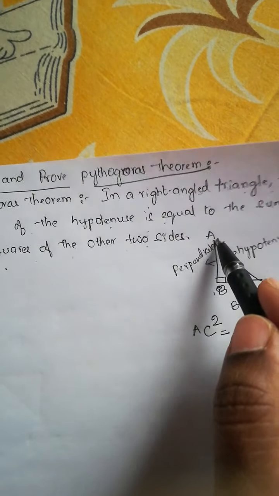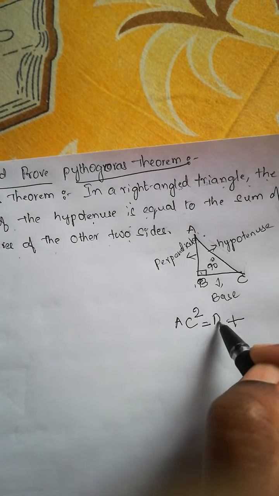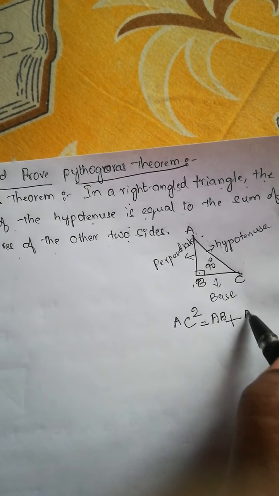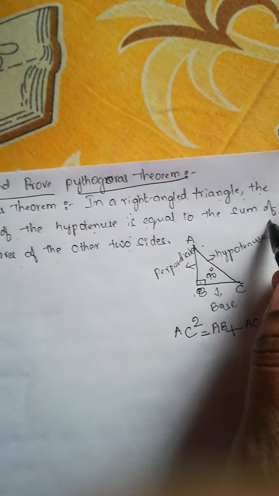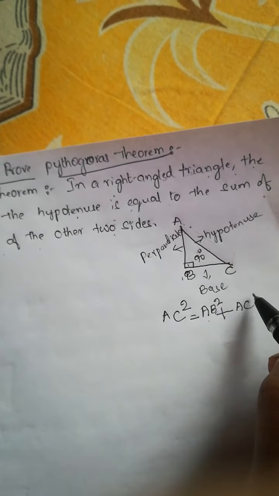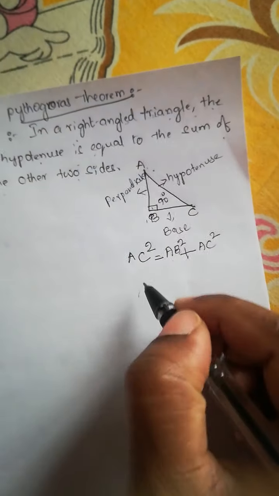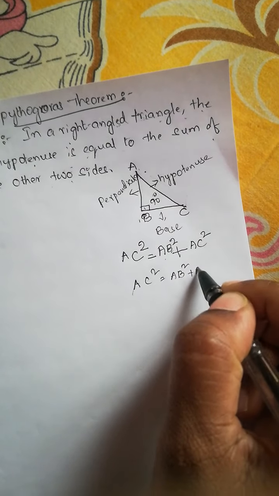What are the other two sides? One is AB and the other is BC. It is not directly the sum of AB and BC, but the sum of the squares of the other two sides, meaning AB square and BC square. So AC square is equal to AB square plus BC square.